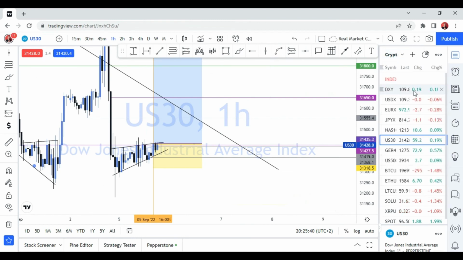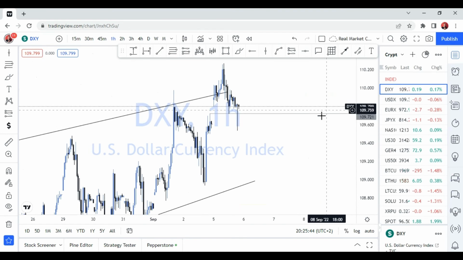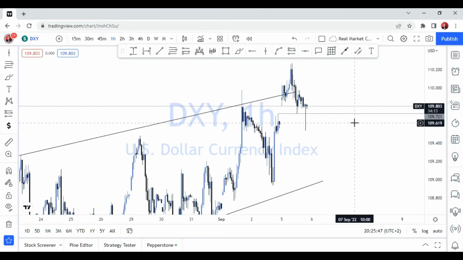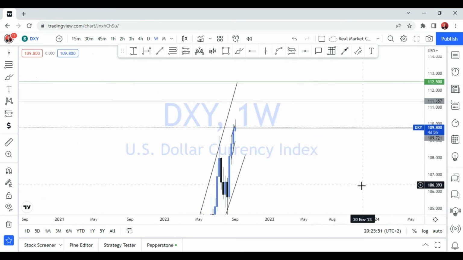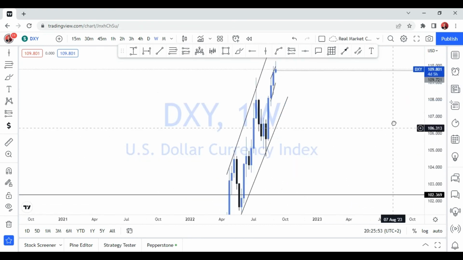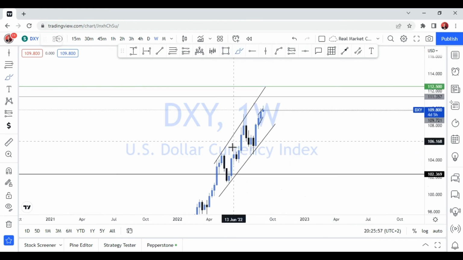We can check gold. Actually, let's check the DXY first. On the DXY, let's see what's happening. I'm looking for a potential push.